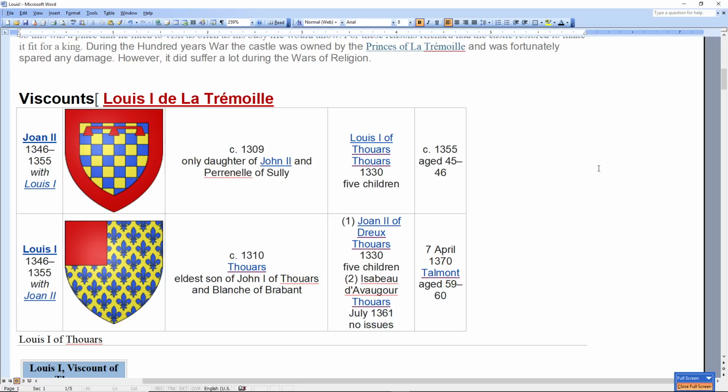The other one actually became, I think, the Viscount of La Roche. He had some control over La Roche, and that will come up later. That's one of the other Templar strongholds that they say the treasure went to. And Louis I had control over a lot of that area, or at least he had a really high influence in a lot of those areas.